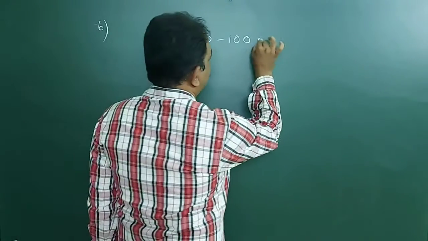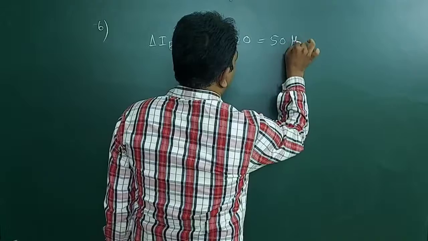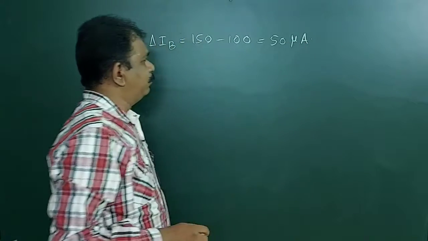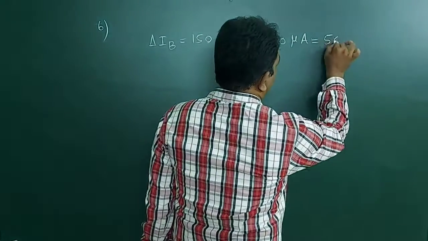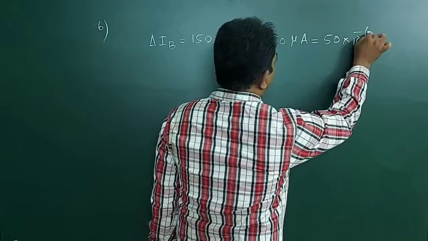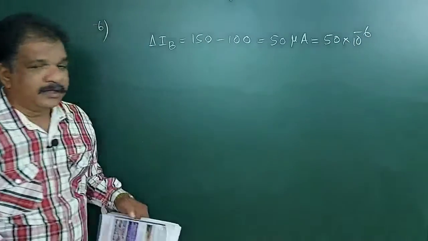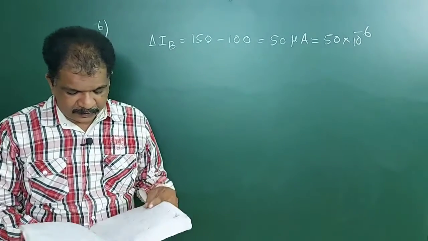So this will be 50 microamperes. Write it as 50 into 10 power minus 6. That is the change in the base current.